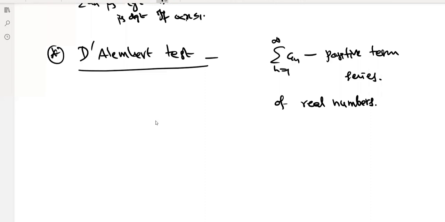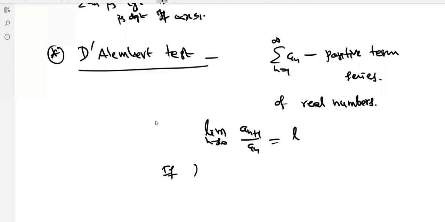Now what I do, compute this limit. This is possible because we are working with positive term series. This is a meaningful sequence. We can talk about the limit of the quotient because we are talking about positive term series. So compute this limit.